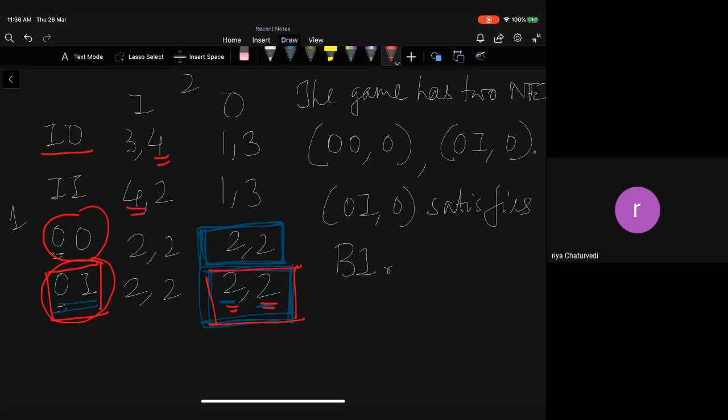IO is not the best response for player 1 if 2 chooses I. And if 1 chooses II, 2's best response is actually O. And if 2 chooses O, then 1's best response is not II, it is one of the bottom ones. So at the top, you don't have any Nash equilibrium. Okay, got it. Thank you.